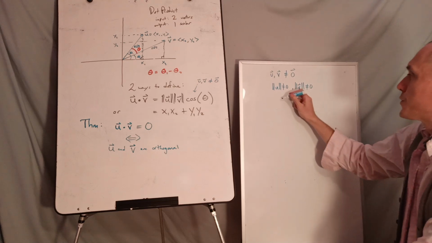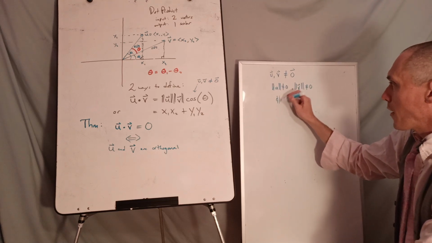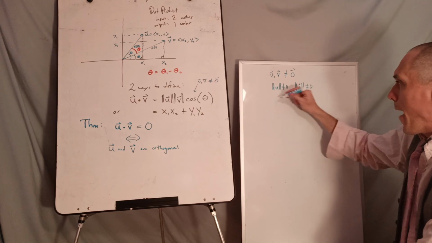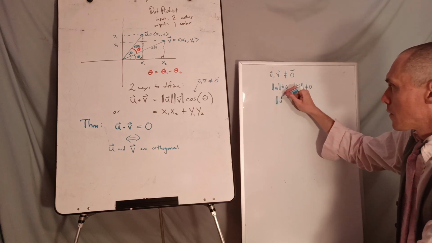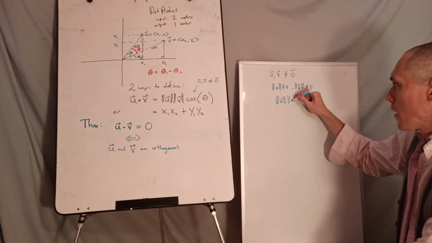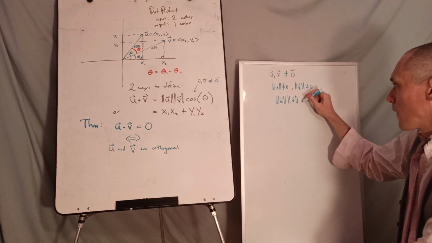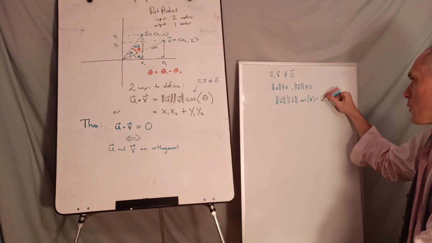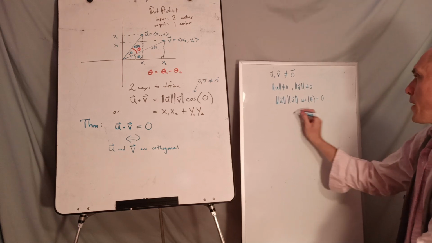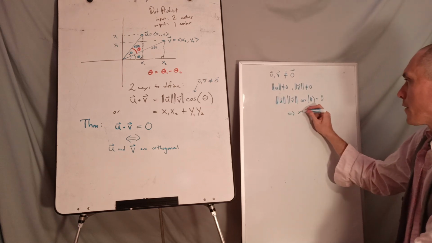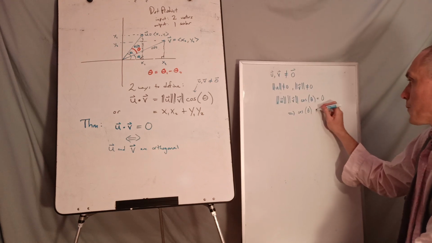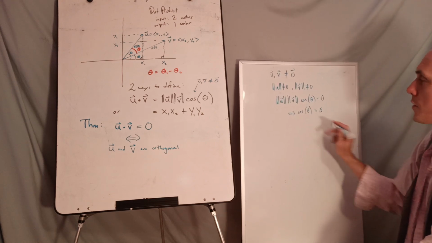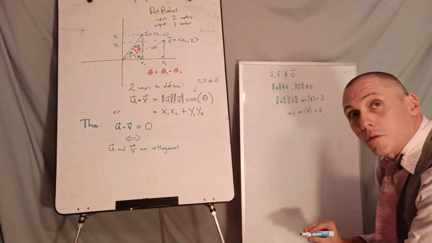And if their magnitudes are not 0, however, the product of their magnitudes and cosine of the angle between them is equal to 0, well, that means that cosine of theta must be 0. But when is cosine of theta going to be equal to 0?